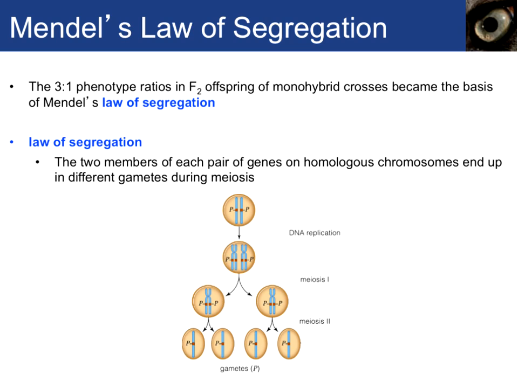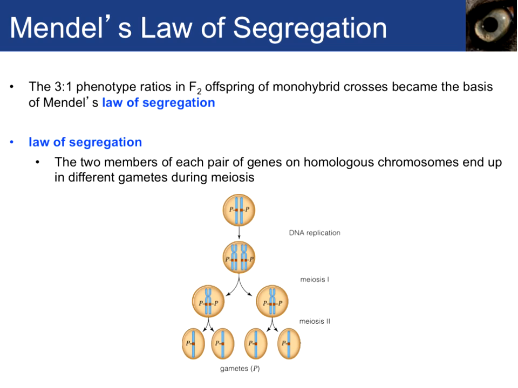So the 3 to 1 phenotypic ratios in the F2 offspring of a monohybrid cross became the basis of Mendel's law of segregation. This is the ratio that's characteristic of any single trait whose inheritance pattern follows what's called Mendelian genetics.